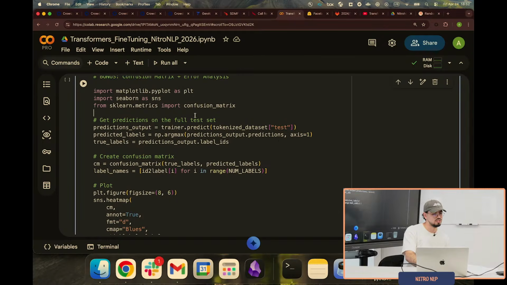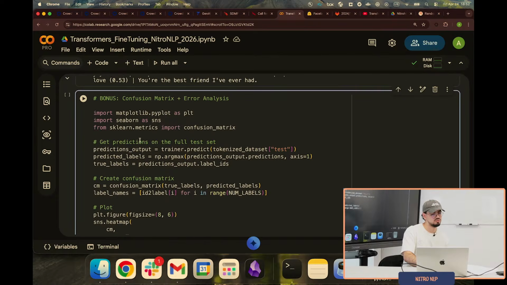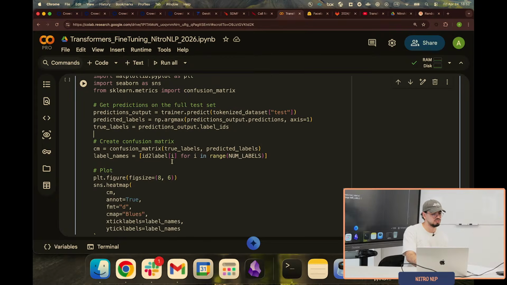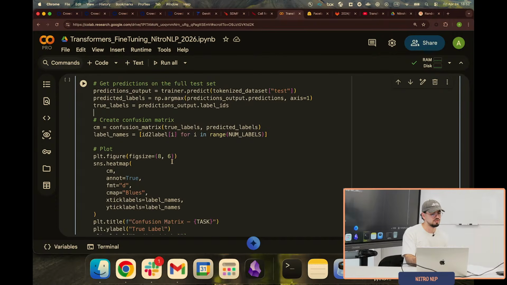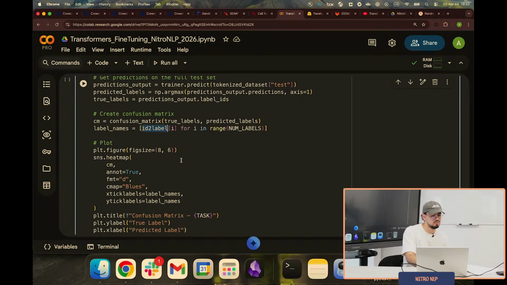In order to do that, you will need to take all of your predictions and outputs and labels and create your confusion matrix, which we can do with sklearn or Seaborn or whatever library you want to use. The confusion matrix takes the true labels and the predicted labels, which you can take as we did before by predictions.label_ids, and the label names would be from the mapping that we did from ID to label and vice versa.